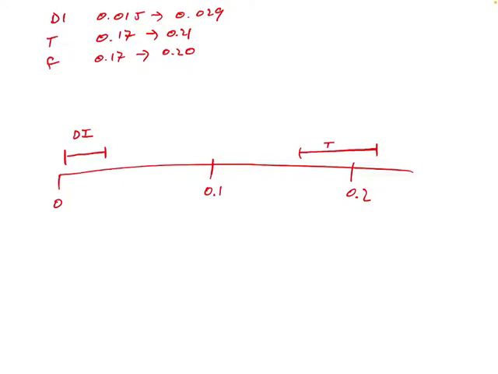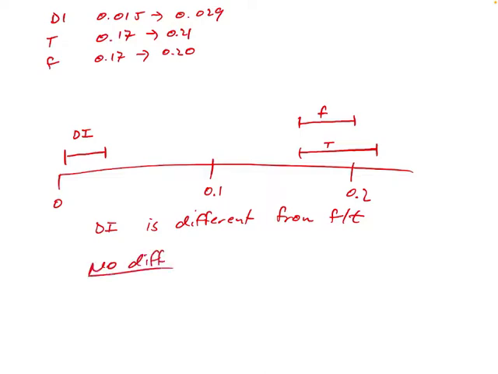And our filtered water would show up somewhere around here. Notice how there is a huge gap between the distilled water and either the filtered or tap water. What that means is the DI water is different from the filtered or the tap water. However, the filtered and the tap water both overlap one another, so there is no difference between the filtered and the tap water.